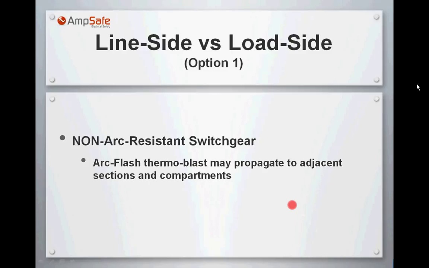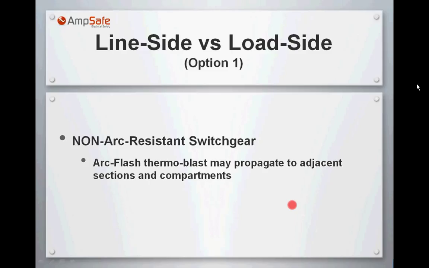Non-arc resistant switchgear is not proven, not tested, and you could have propagation of that energy even though you have steel barriers, okay? Now, of course, if you have a steel barrier, even though it's not arc resistant, you're going to limit substantially the energies to the other adjacent section.